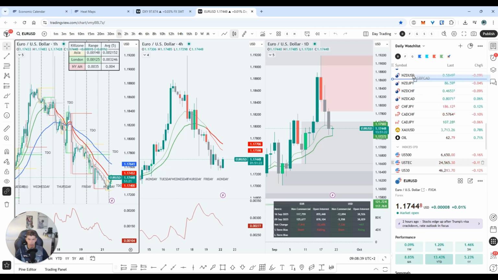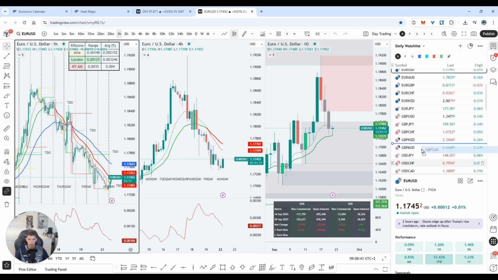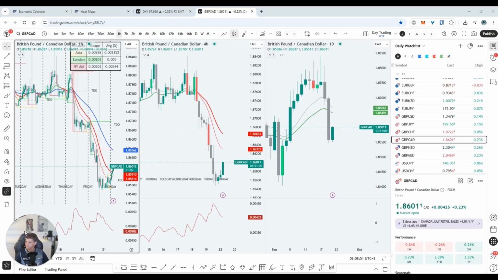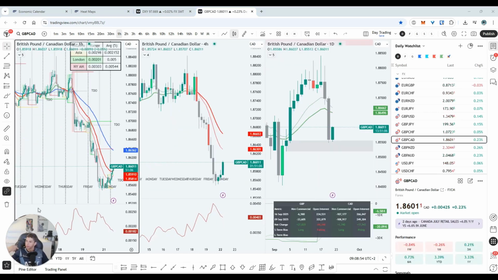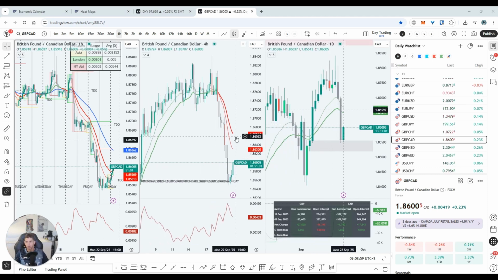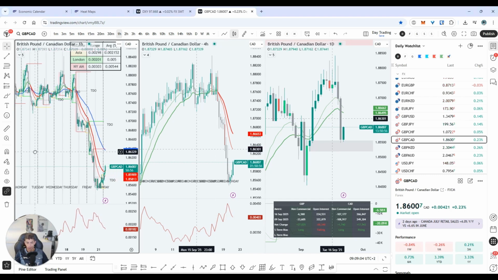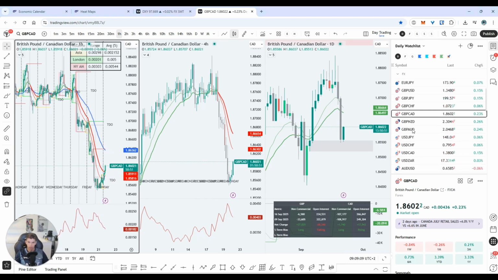We're going to go over that a little bit later, but for the moment we just analyze this. So we are looking to go long, and this is all bearish. So we move on now. GBPNZD.